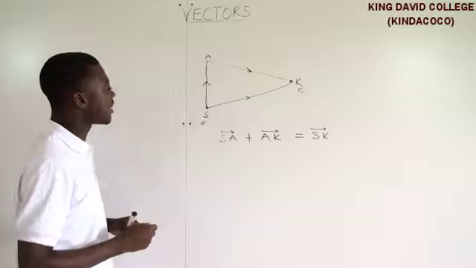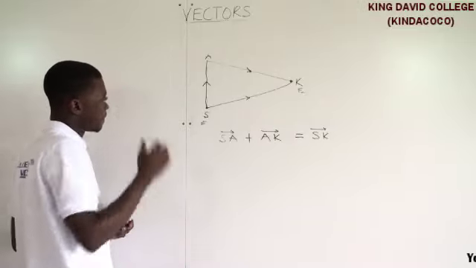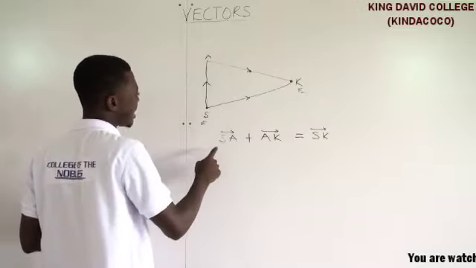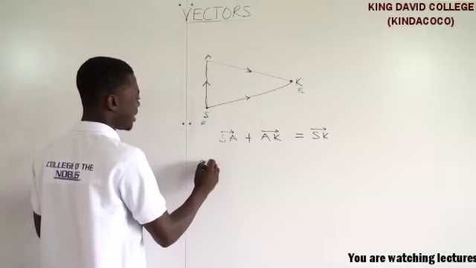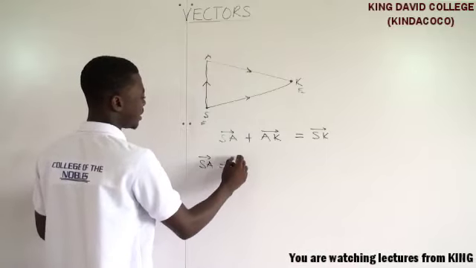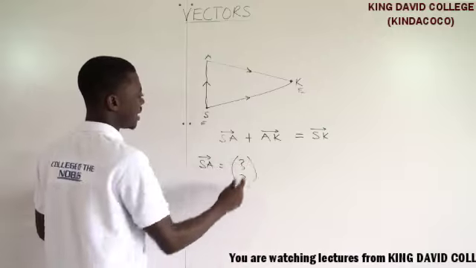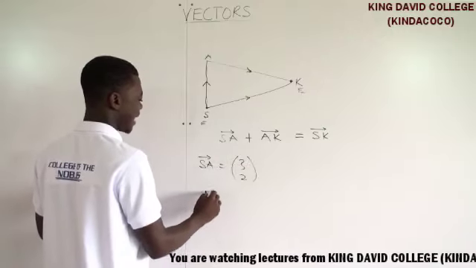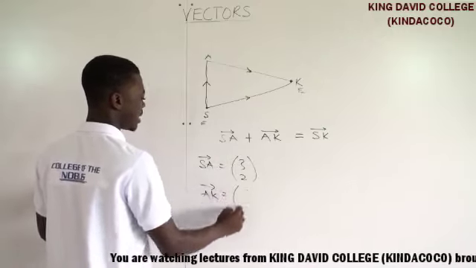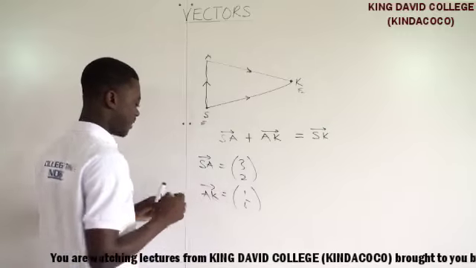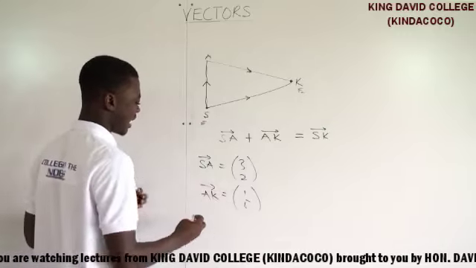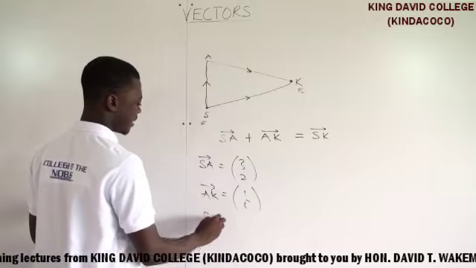So imagine I'm giving you the vector SA to be 3, 2, and then I'm giving you vector AK to be say 1, 5. And I'm asking you to find vector SK.